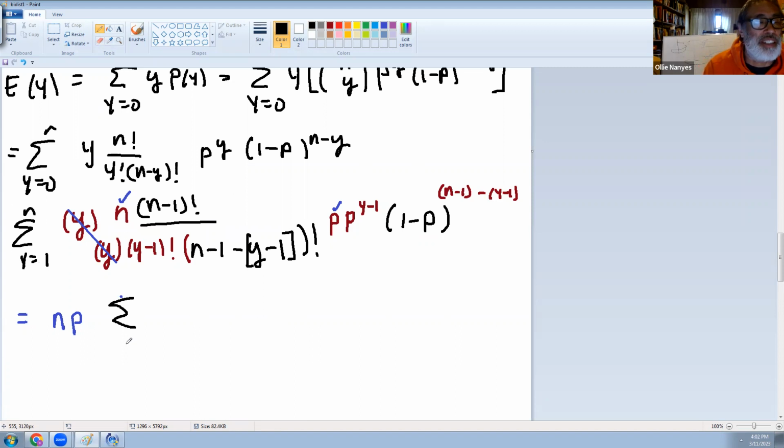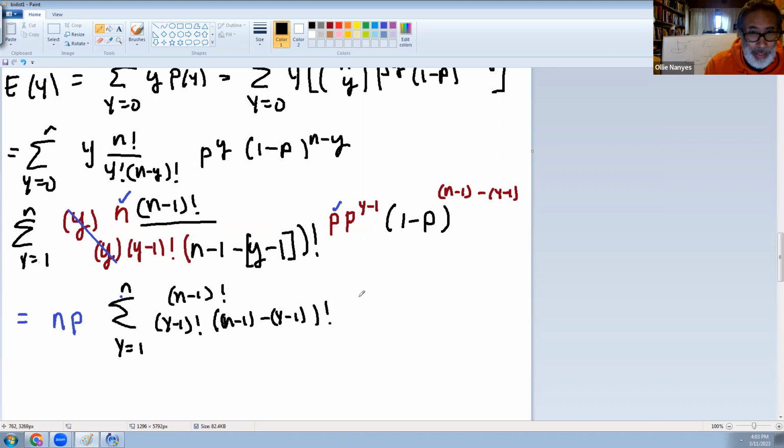Now I'm going to start this at y equals 1 to n. I have an n minus 1 factorial, a y minus 1 factorial, an n minus 1 minus y minus 1 factorial, p to the y minus 1, 1 minus p to the n minus 1 minus y minus 1.